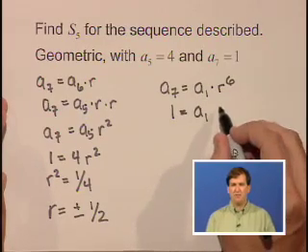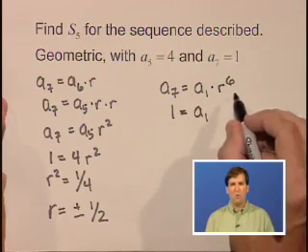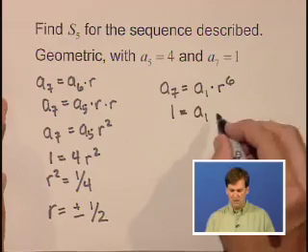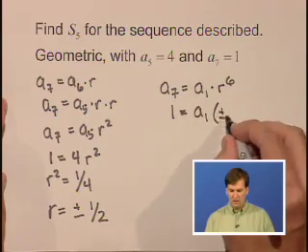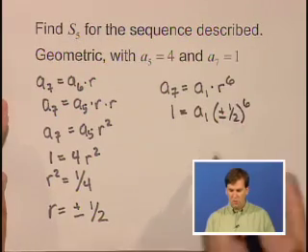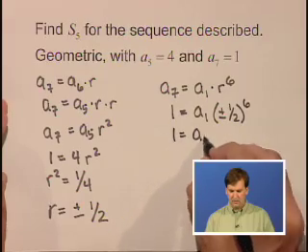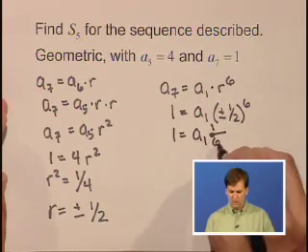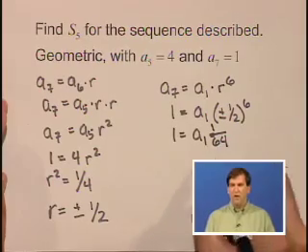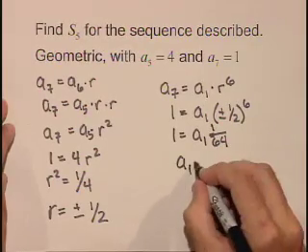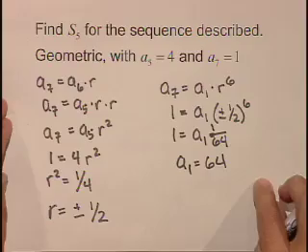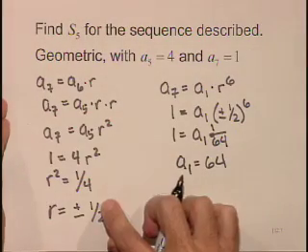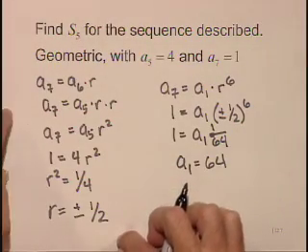If we're going to take positive 1/2 to the 6th power or negative 1/2 to the 6th power, it wouldn't matter. Either one of them is going to give us the same answer, which is 1/64. So a1 here is going to be 64, regardless of whether the common ratio is positive 1/2 or negative 1/2.